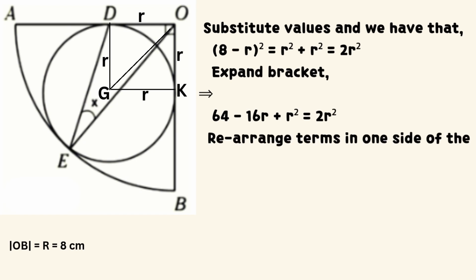Expand the bracket. It signifies that 64 minus 16 times small r plus the square of small r equals 2 times the square of small r. Rearrange terms on one side of the equation. We obtained an equation in small r as shown on the screen.